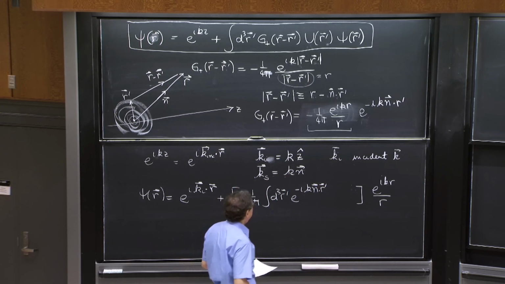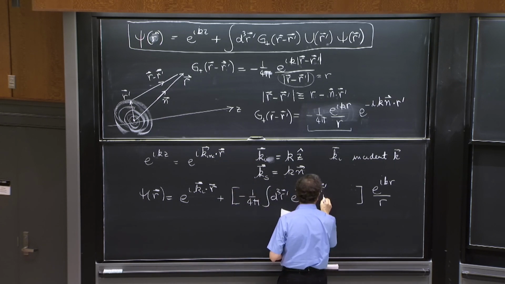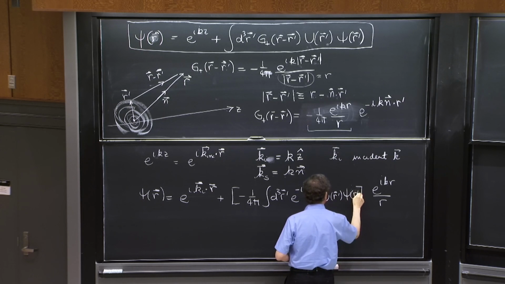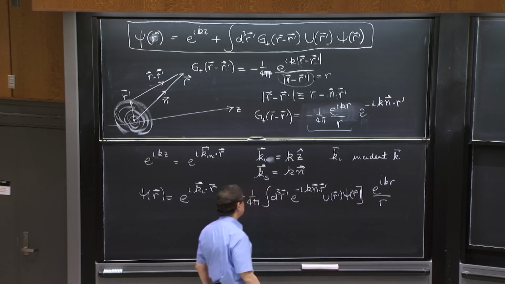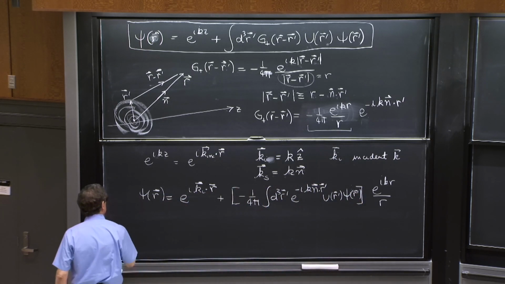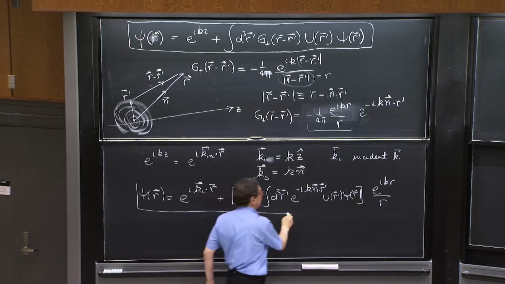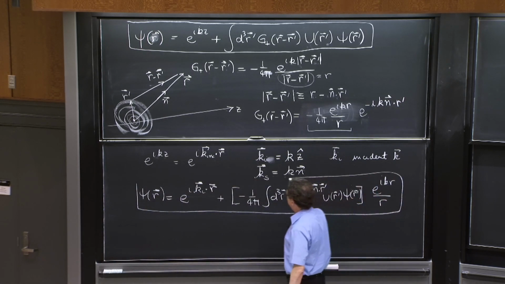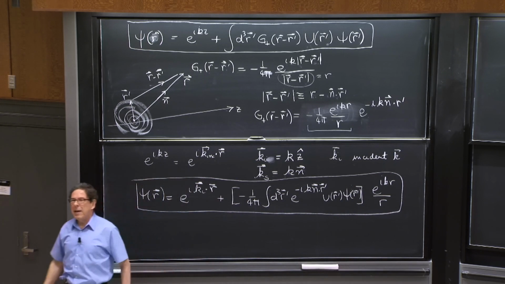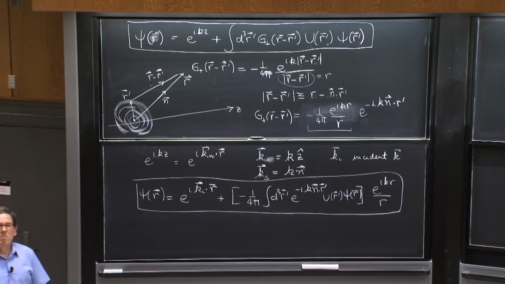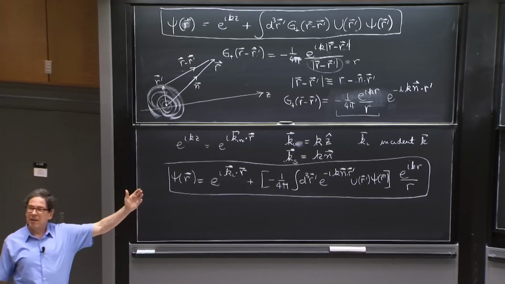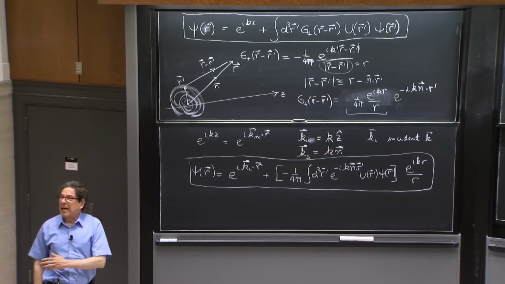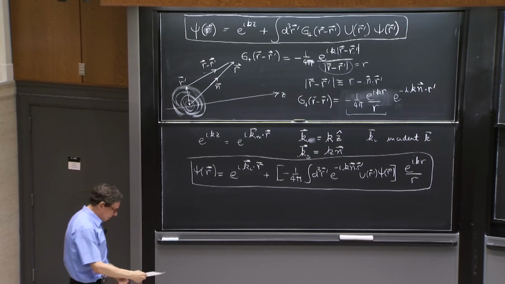Then we have the u of r prime and the psi of r prime. So this is our simplified expression when we make use of the fact that we're looking far enough and the Green's function has simplified.